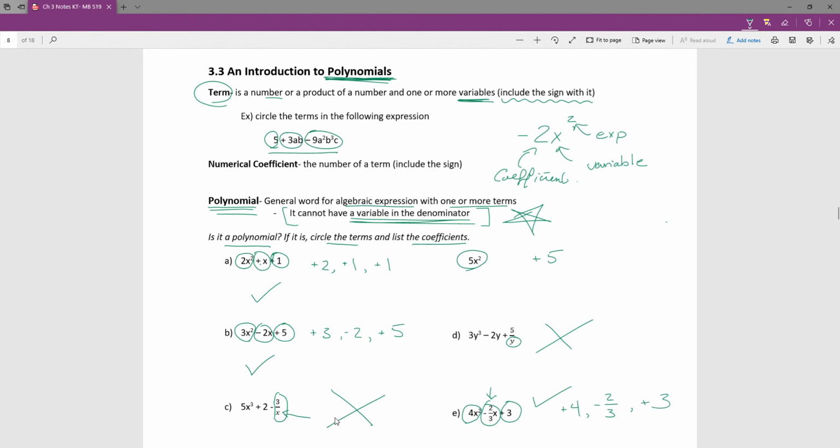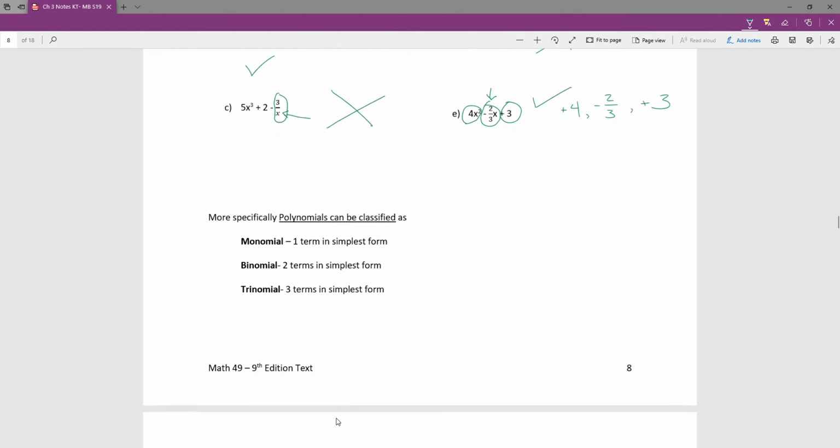So the specific language behind polynomials is that you can classify them by their number of terms. So monomials, like that 5x squared that I said, just have one term in simplest form. A binomial has two terms, so that just might be x plus 2, and a trinomial has three terms in simplest form. And many of the examples up above on this page are trinomials.